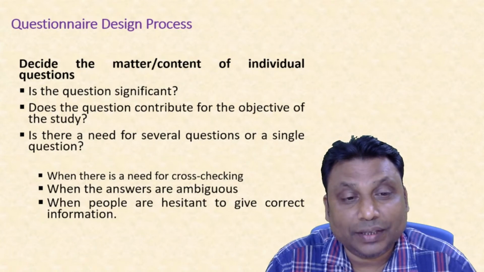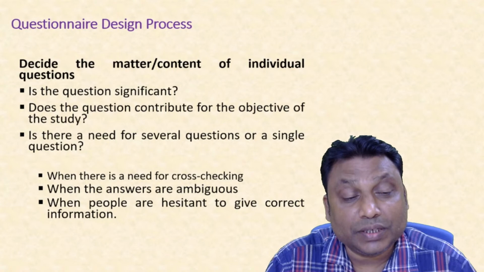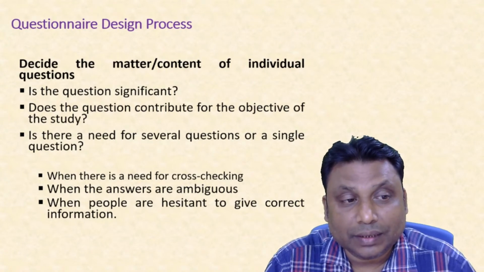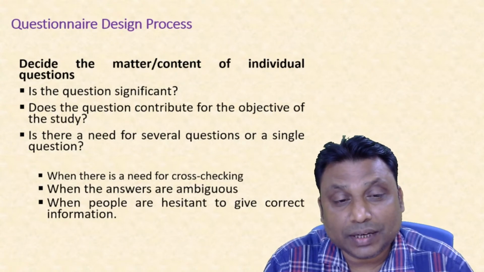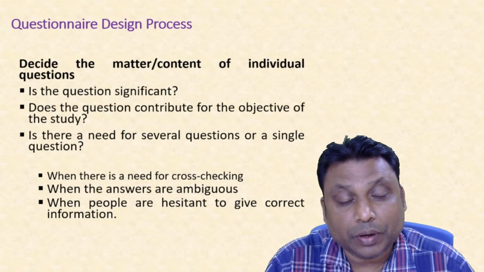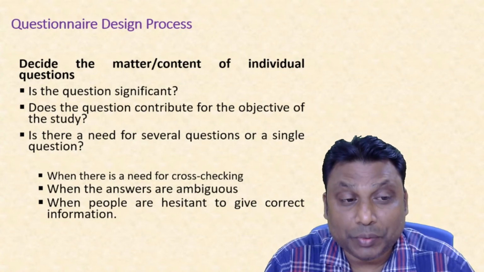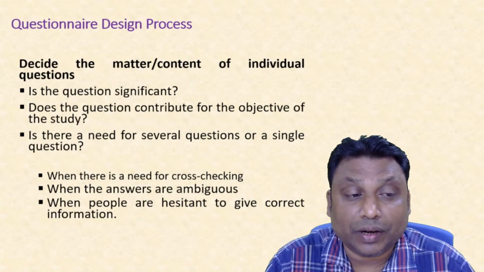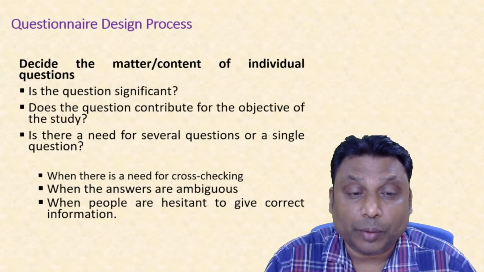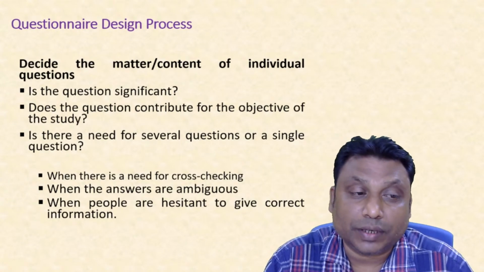If no, then you have to find out which type of question is more accurate. Second, does the question contribute to the objective of the study? The questions you are preparing should be according to your objectives. If not, change it. Maybe you have to change your objectives or maybe your questions. But basically, objectives should not be changed, because initially you find out the objective, and on the basis of the objectives you prepare the questionnaire.